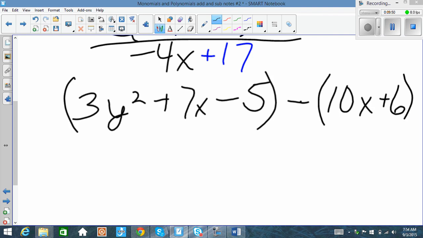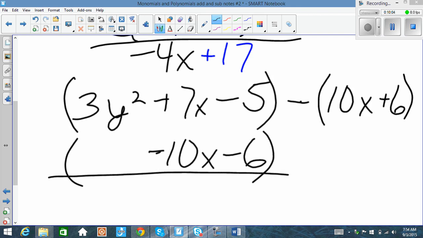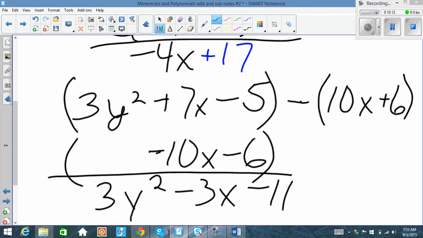So if I was to stack that underneath, I would line up the parentheses here. I would say a minus 10x and a minus 6. And so I only line up the like terms. So this doesn't have a like term. And then that would be 3x, and that'd be negative 11. So 7 minus 10 is negative 3, and negative 5 and negative 6 makes negative 11. So that's the stack method as well.